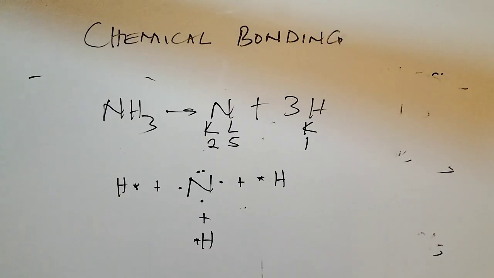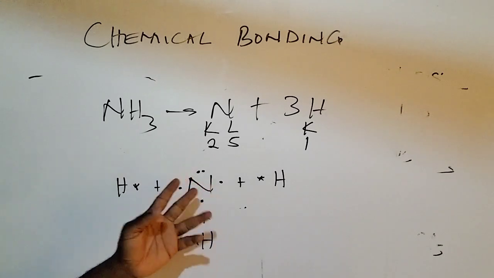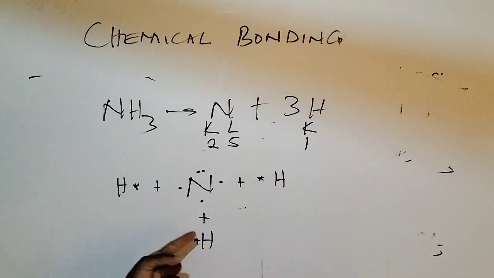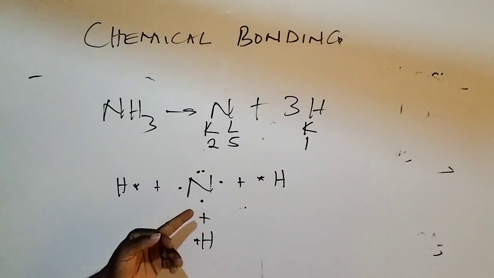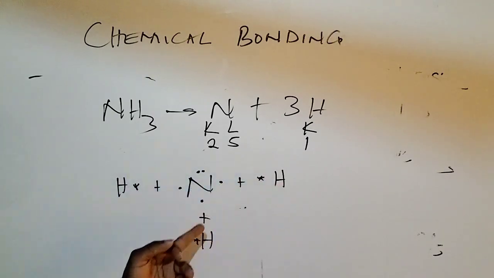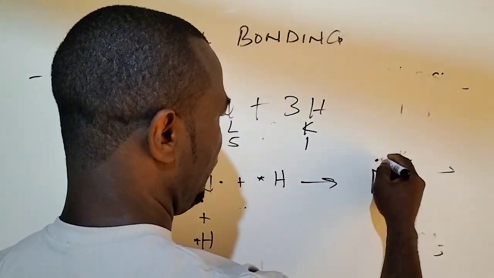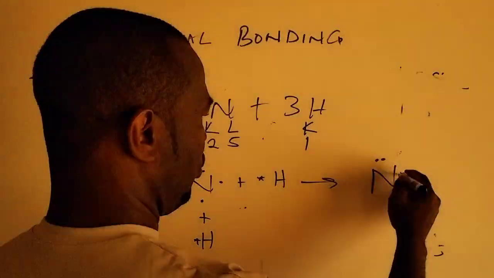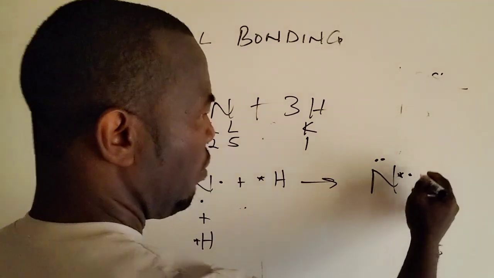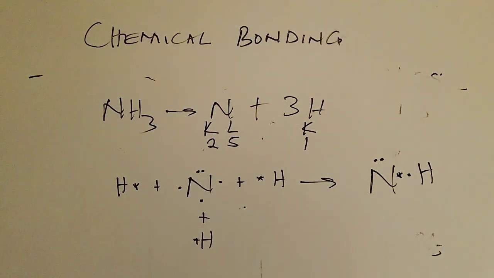But how are you going to share with hydrogen? This 3 required, you're going to share among 3 atoms. So divide the 3 by 3. That means it's going to give 1 to each of the hydrogens. We now have this bonding taking place in this form: 1 from nitrogen and 1 from hydrogen.